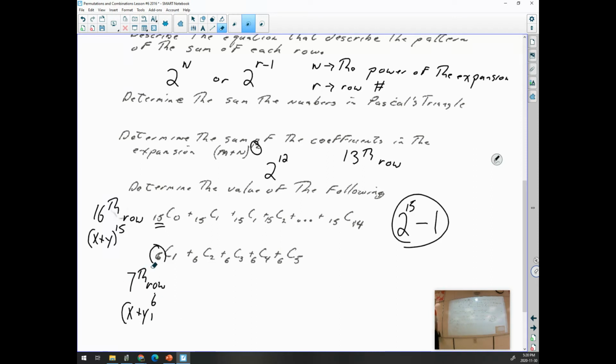Here we're missing 6 choose 0, and we don't have 6 choose 6 written. So this is the 7th row of Pascal's triangle, which would have a sum of 2 to the 6, but we're missing 6 choose 0 and 6 choose 6, which are 1 each, so we subtract 2 from it.